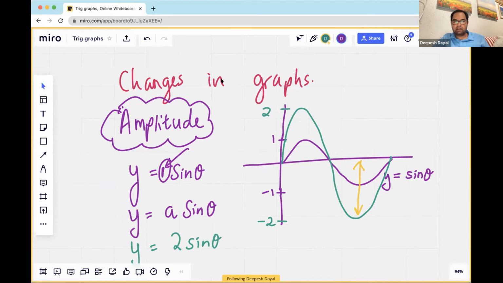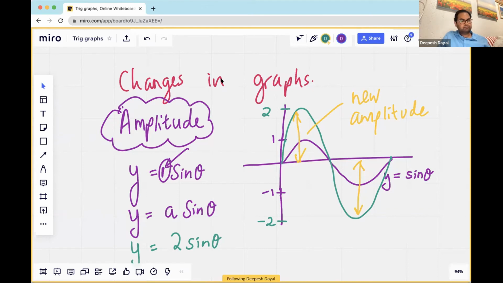Okay, thank you. See? New amplitude. The same can happen with the cos graph or the tan, for example, when you press tan 45, it will now tell you 2 instead of 1, right? So the graphs change based on the amplitude, right?